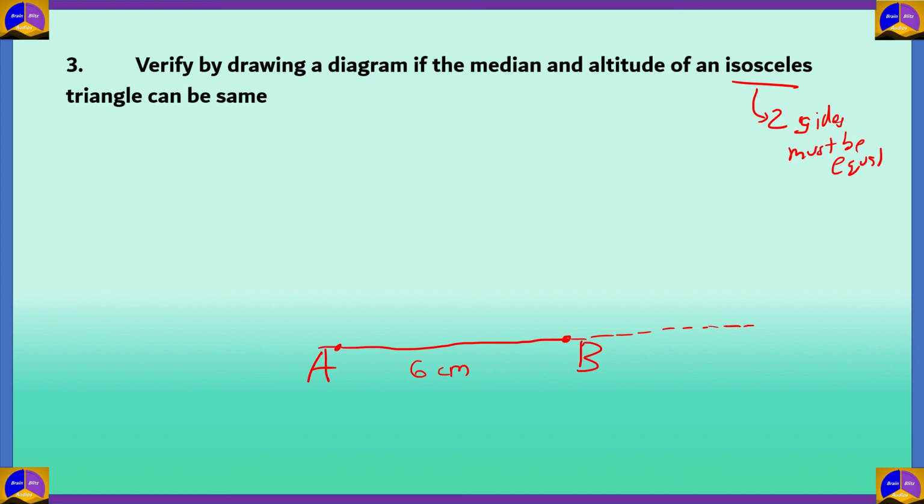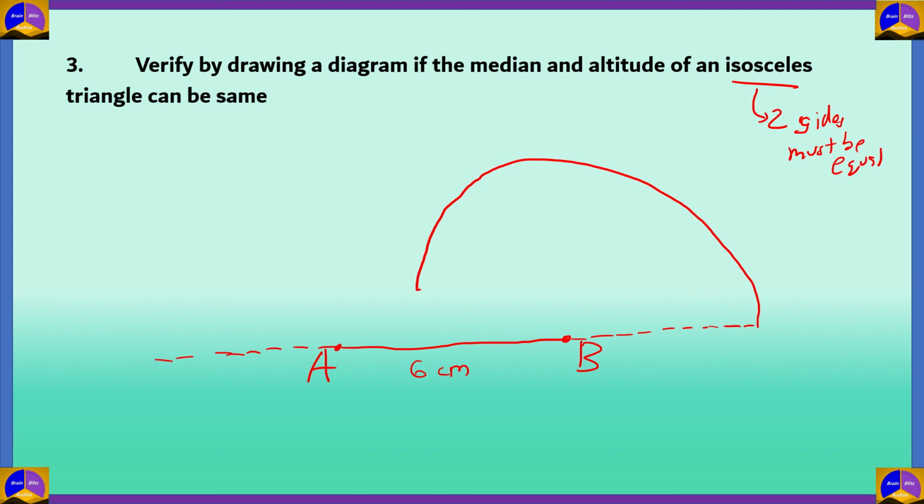From point B, we have to draw an arc using the compass. So if we draw an arc, it will be almost like this. And now do the same on the other side.